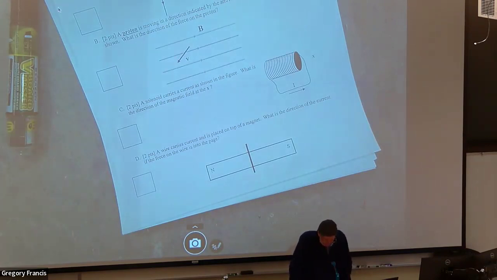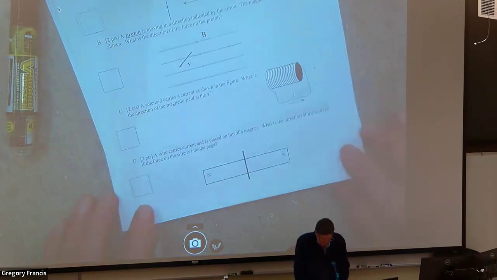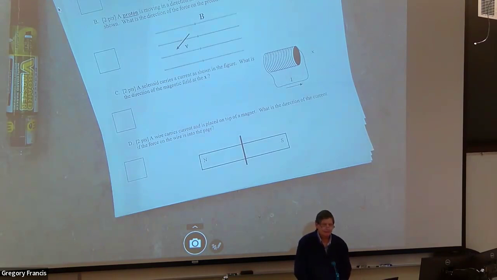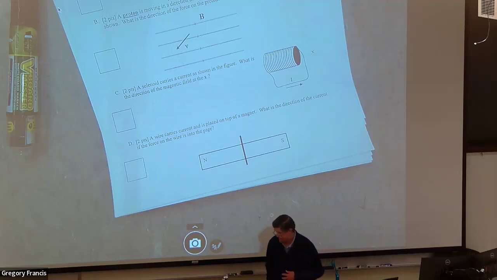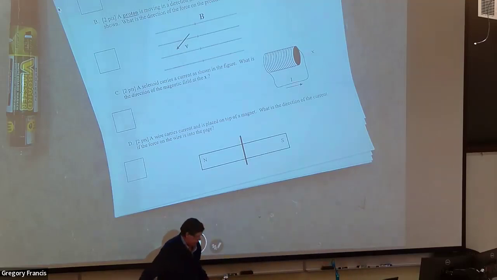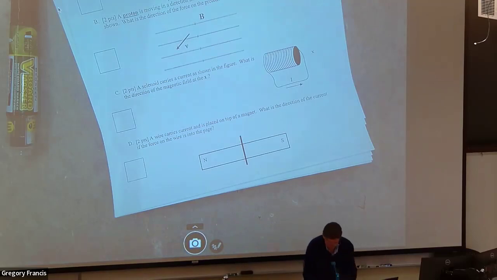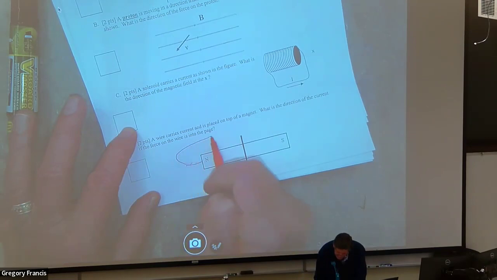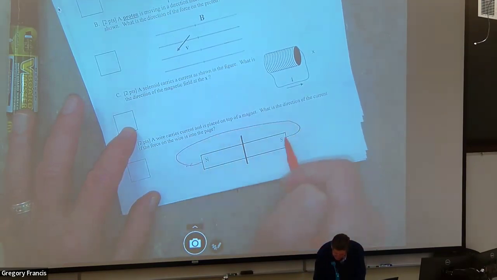You've got a wire carrying current and it's placed on top of a magnet. And that wording is the key. It's on top of the magnet. It's not inside the magnet. And we know that magnetic field lines come out of a north pole, but then they wrap around and go back into the south.